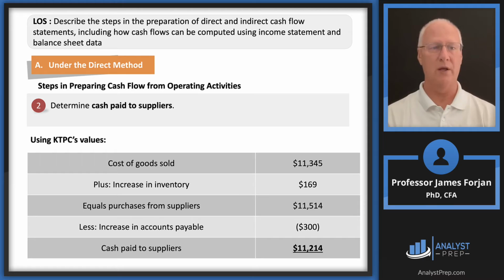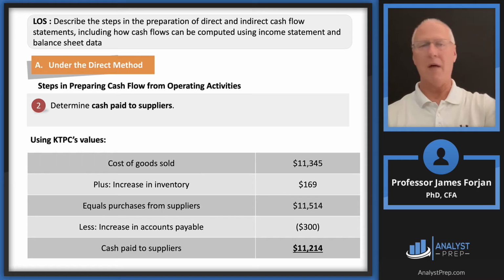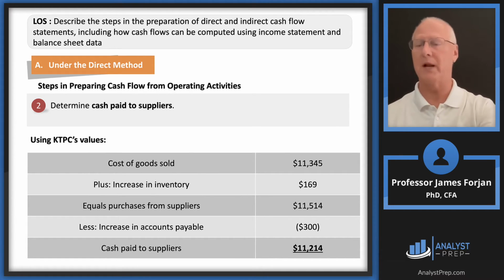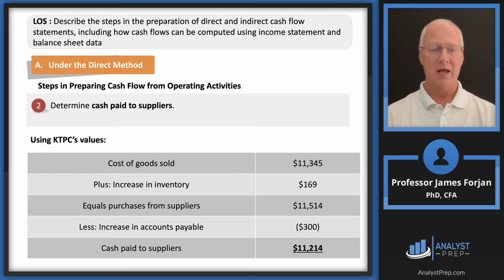So we can start with cost of goods sold and the increase in inventory, there's the 169. Add those together, you get 11,514, and then the increase in accounts payable, there's the 300. I'm not going back to those previous financial statements, but I have them in red, 169 and 300.